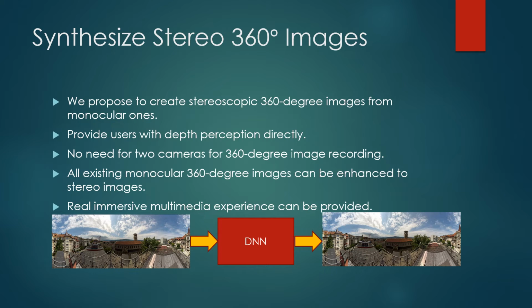And this solution does not need two cameras for the image recording, so the equipment cost is minimized. And most importantly, using this technique, all existing monocular 360-degree images can be enhanced into stereo images. So all users can enjoy real immersive multimedia experience.